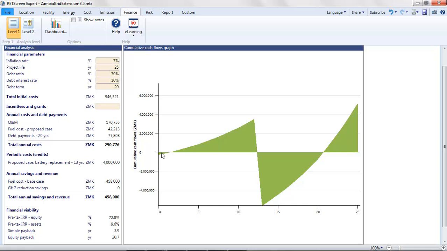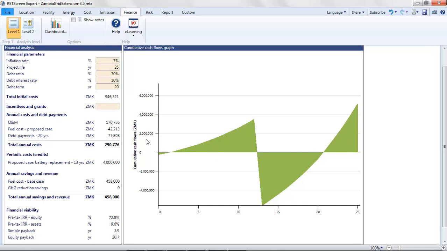So actually from year 0 to 12 you have a pretty short equity payback period. It would be roughly in the order of 2 years, say, but because of this battery replacement the equity payback gets calculated as being 21 years here.